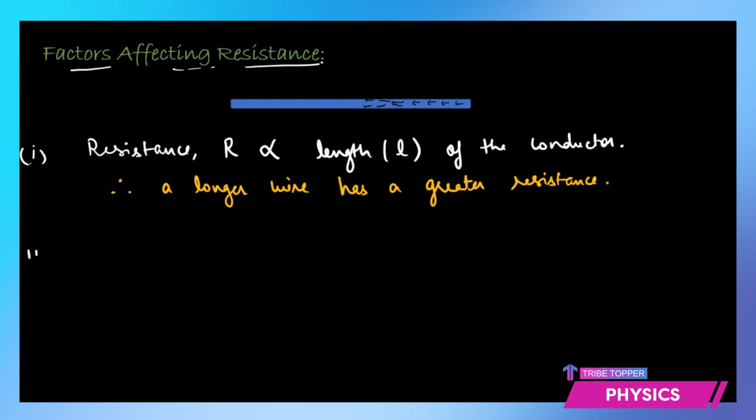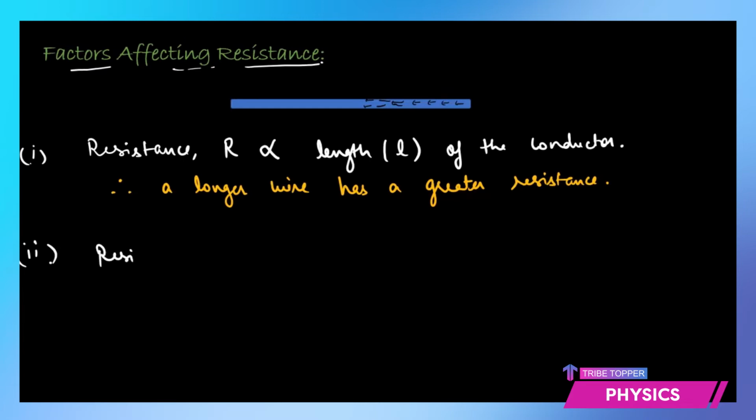Number two, if the conductor is thicker, there will be more space for the electrons to move around. So as compared to a thinner conductor, in case of a thicker conductor, the number of collisions will reduce, and so the resistance would also reduce.